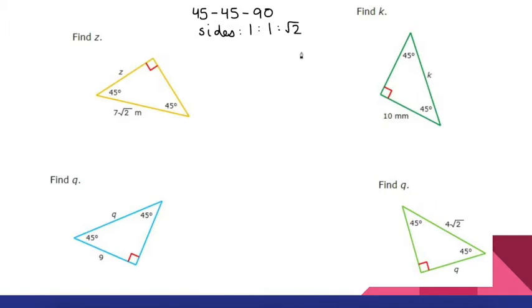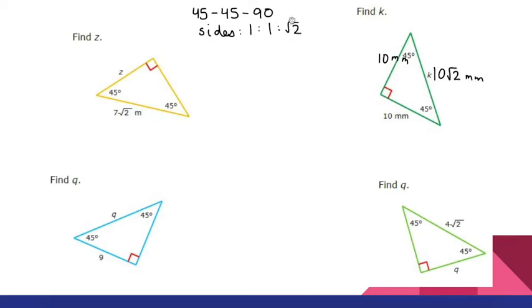So for example, if we have this triangle here at the top right, in which one of the legs is 10 millimeters, and we see that it's a 45, 45, 90 triangle, that tells us that the other leg is also 10 millimeters. It's the 1 to 1 part of this ratio, and the hypotenuse is just 10 root 2 millimeters.